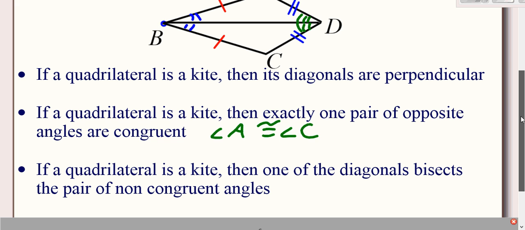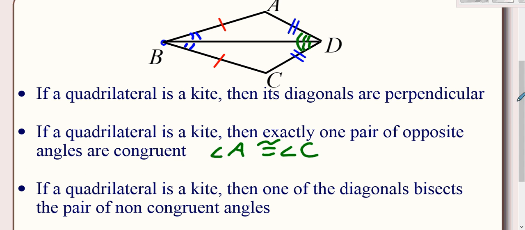So we can name those angles: angle ABD, over here in blue, will be congruent to angle CBD.